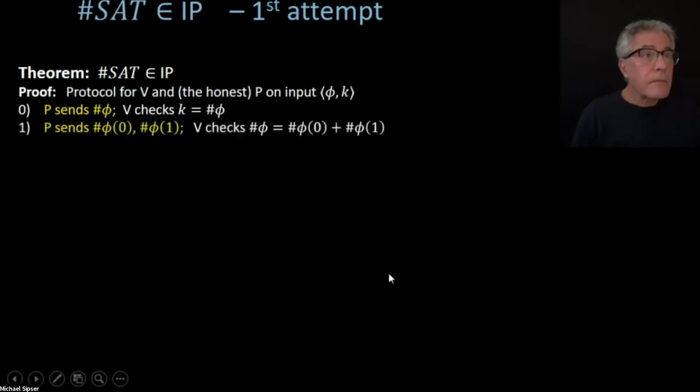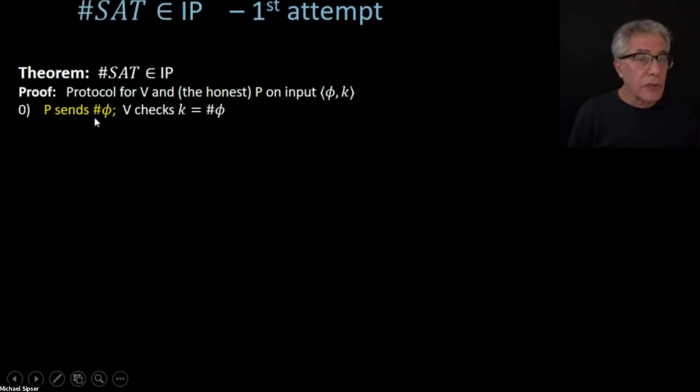All right. So first, the prover sends, let's just look at it and not rush it. The prover sends the number of satisfying assignments according to the prover. The verifier checks that it is equal to k.